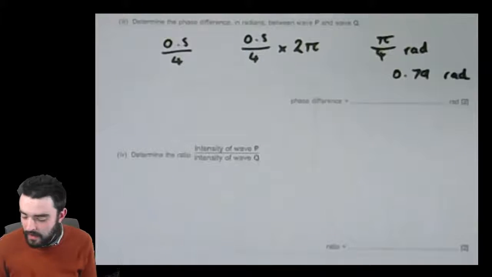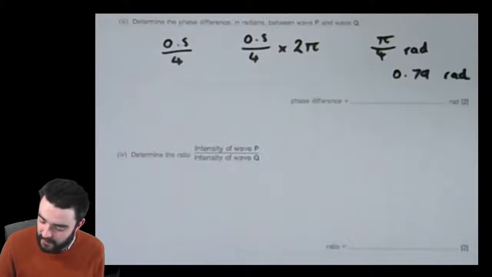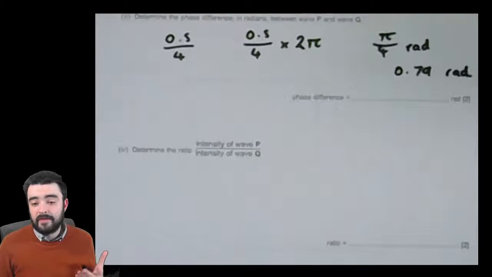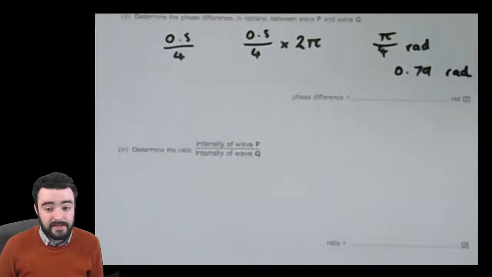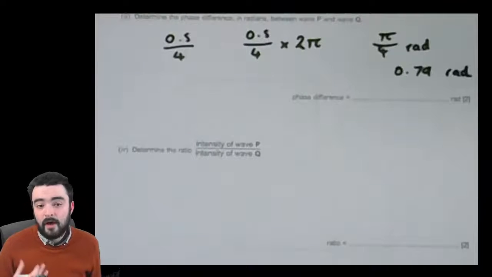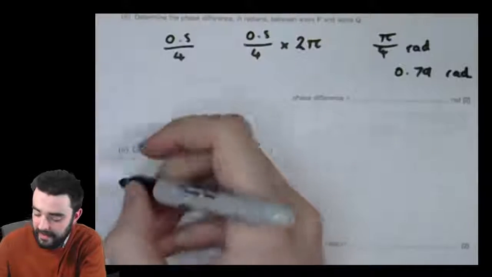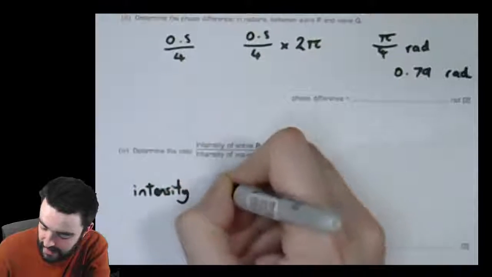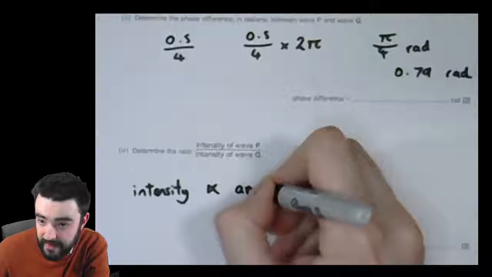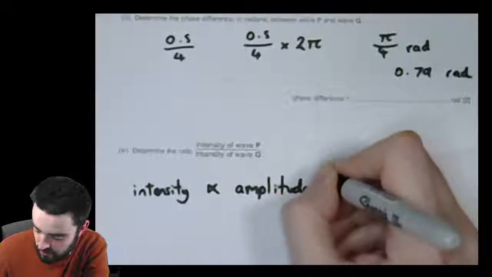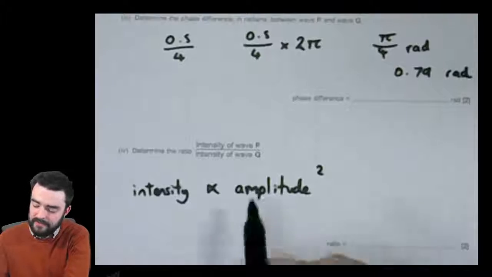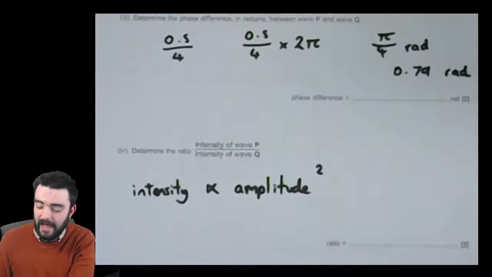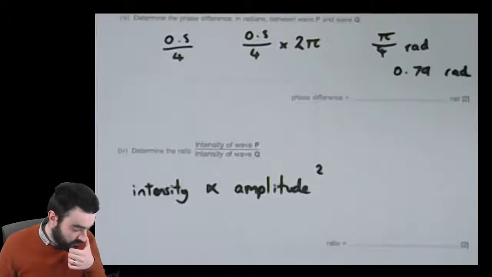Okay. Determine the ratio of the intensity of wave P and the intensity of wave Q. Now the reason they're doing a ratio here is because you don't need to memorize the equation for this. What you should have learnt is that intensity is proportional to the amplitude squared. So we need to find the amplitude and square it for wave P and divide that by the amplitude of wave Q squared.